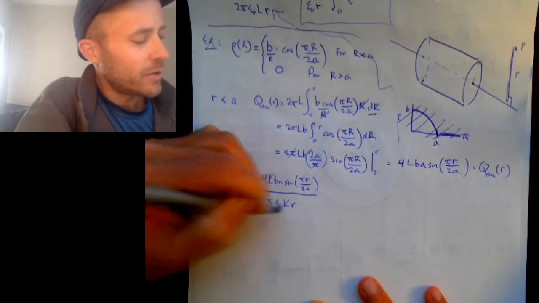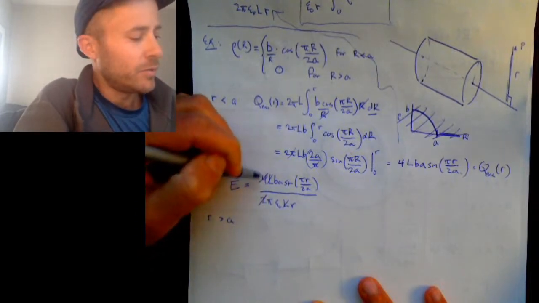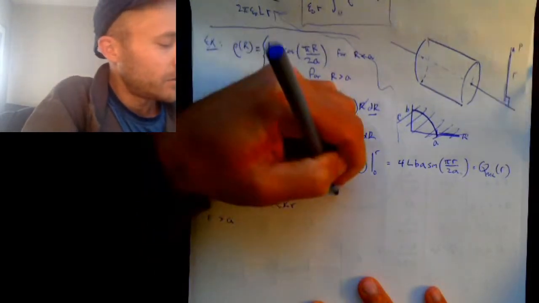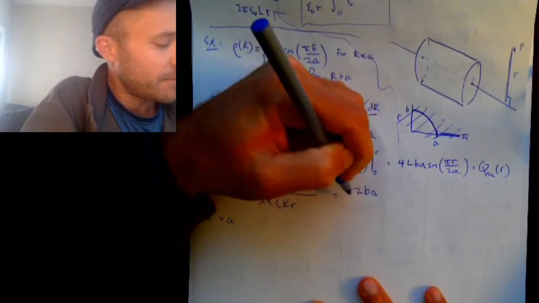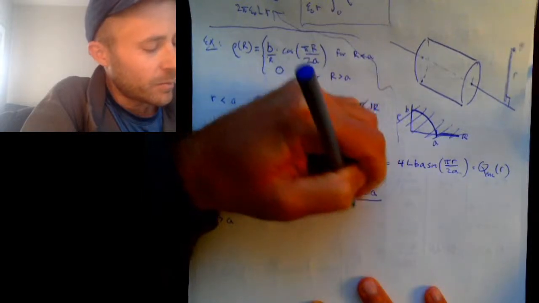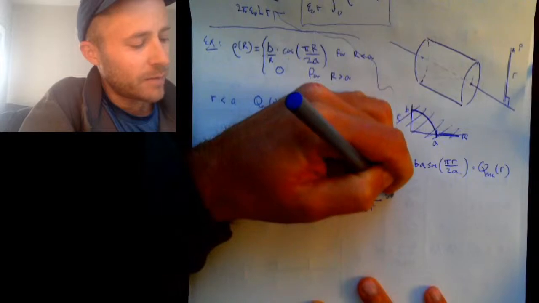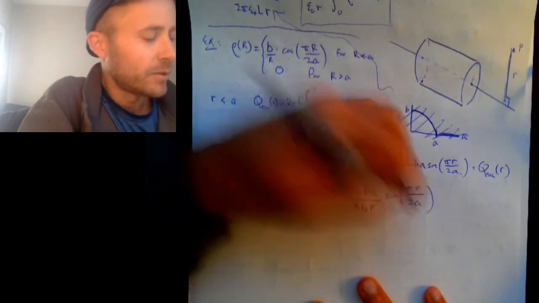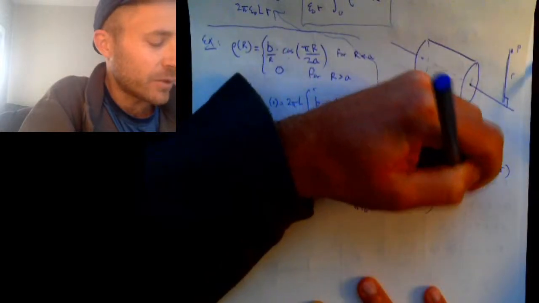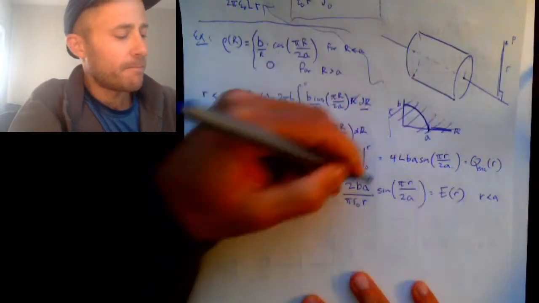So the L's cancel out. This cancels out and becomes a 2. So I get 2BA over pi epsilon naught r times sine of pi r over 2a. So that is the electric field as a function of r when r is less than a.